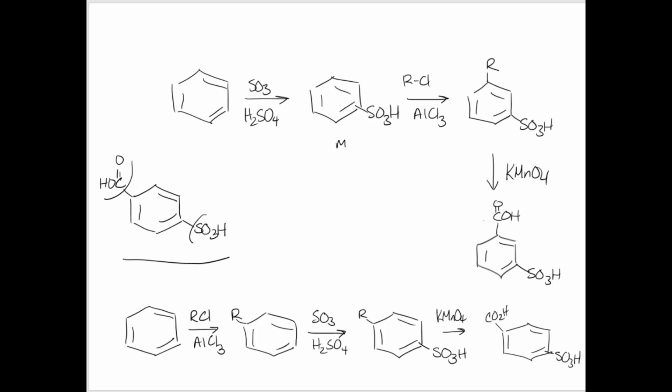So sometimes when we put a group on the ring, we will just put that group on, then add the second group, because that group is directing where we need the other group to go, and then we will transform that group into the final group. So we have to think about the sequencing of these reactions depending upon what the ultimate substitution pattern is. So I hope that makes sense. If I oxidize the alkyl group, I would end up with this product over here.